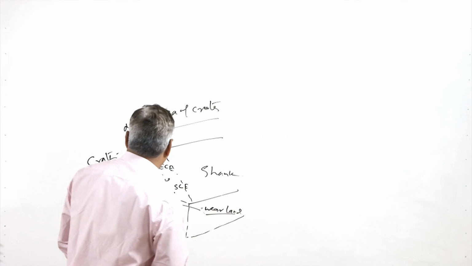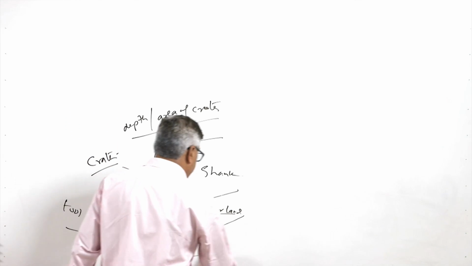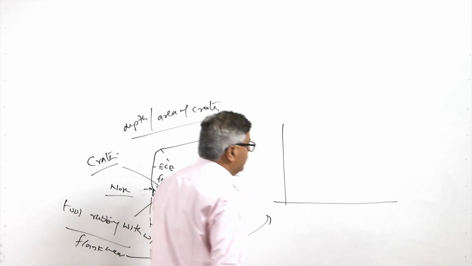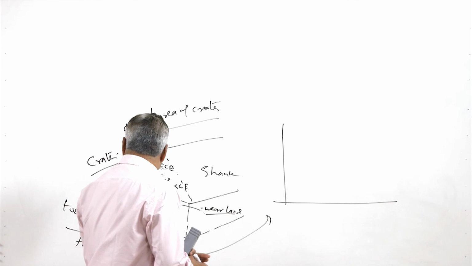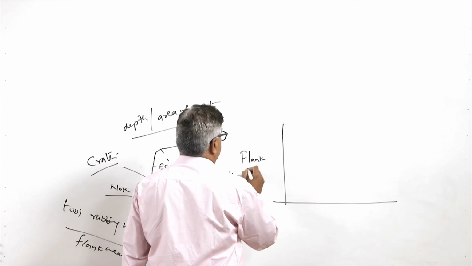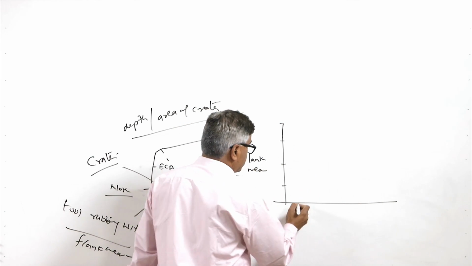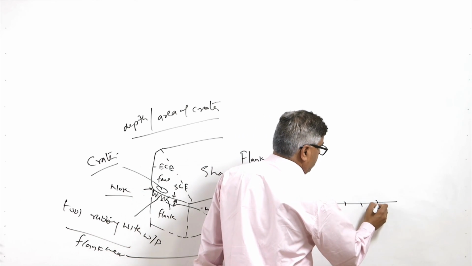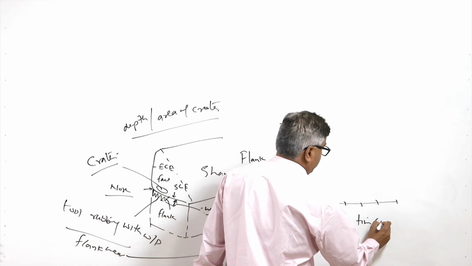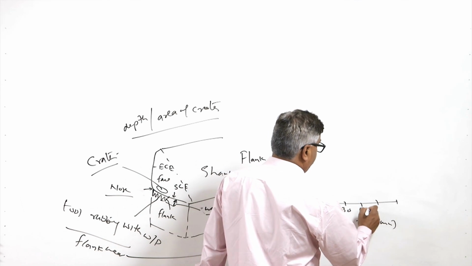So, mostly the work has been done to quantify the tool wear using the flank wear. So, if we try to quantify the flank wear as a function of the time, like this, this is the machining time in minutes, say 10, 20, 30, 40, 50.